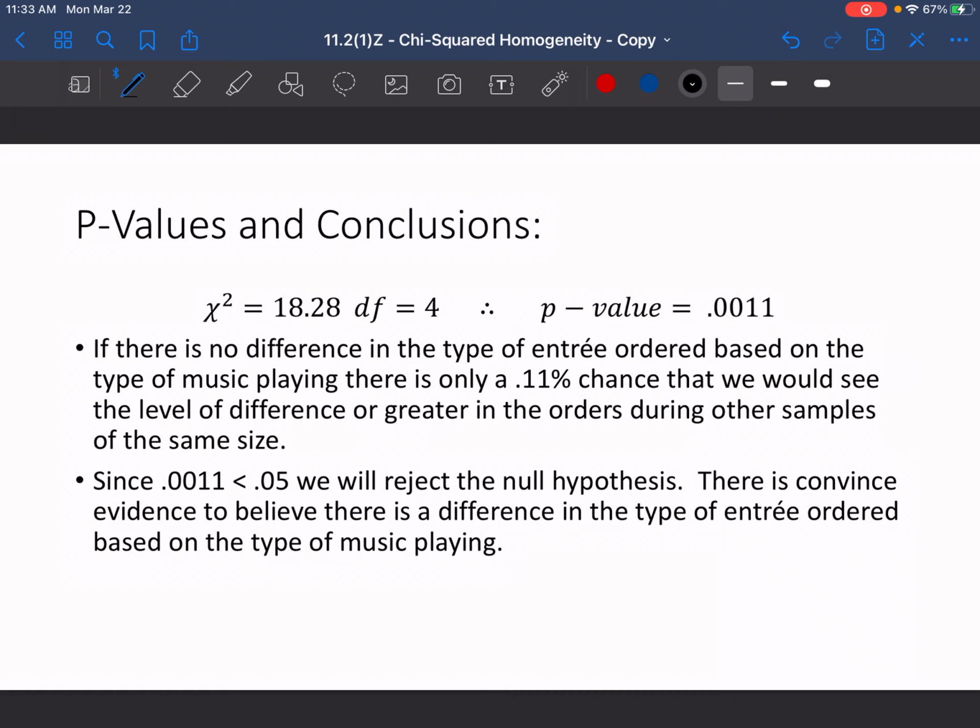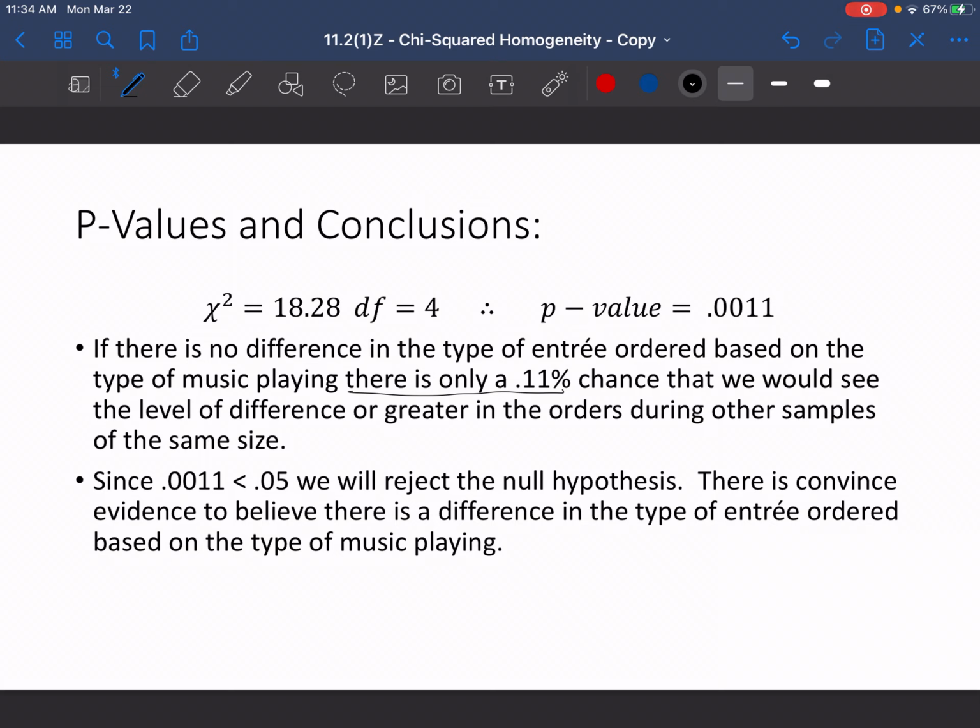So again, our chi-squared statistic in this problem was 18.28 with the degrees of freedom at 4 and a p-value of 0.0011. If we were asked to interpret our p-value in words, it would be: if there's no difference in the type of entree ordered based on the type of music played, in other words, if our null hypothesis is true, then there is only a 0.11% chance that we would see the level of difference or greater in the orders during other samples of this size.